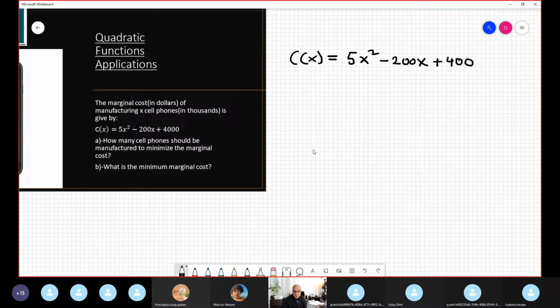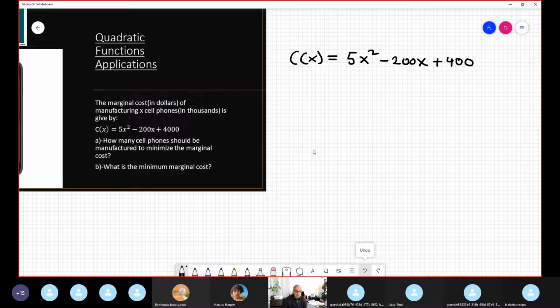This is the formula that states the relationship between x, which represents the number of cell phones in thousands. So when the x is 1, actually we have 1,000 phones, okay? And the information given is cost in dollars.